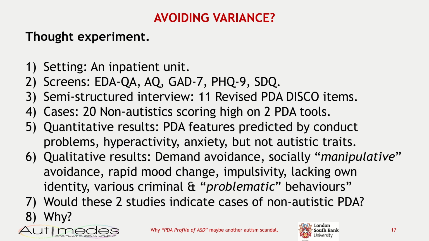The quantitative results would be that the PDA features are predicted by conduct problems, hyperactivity and anxiety, but not autistic traits. And the qualitative findings are that these 20 non-autistic people who score high on the Extreme Demand Avoidance Questionnaire and the 11 revised PDA DISCO questions are presenting demand avoidance, socially manipulative avoidance behaviours, rapid mood changes, impulsivity, lack of their own identity, and various criminal and problematic behaviours.